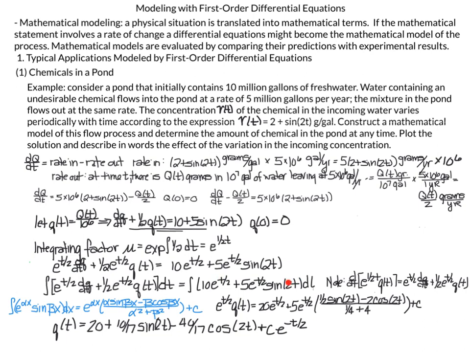This part was a little bit difficult, so I wrote the equation here, so you could just plug it in here. On the next slide, I have the derivation of this, but here it is. You can just use the formula, and then we see that q of t, dividing both sides by e to the t over 2, is our final formula for little q of t.